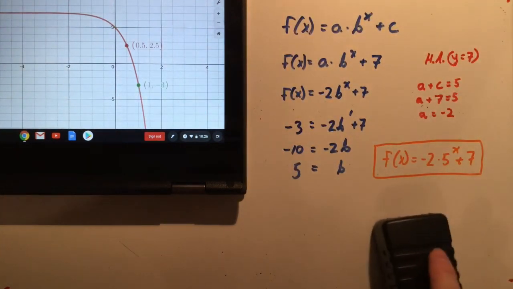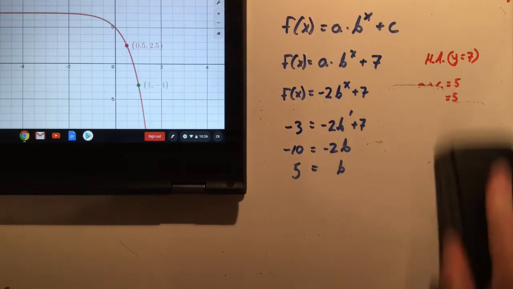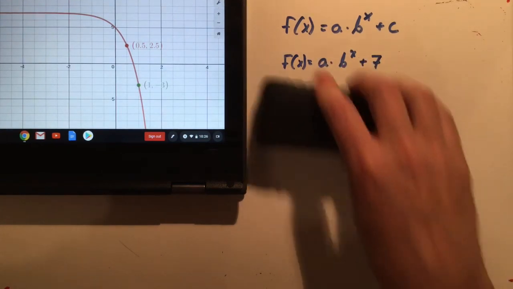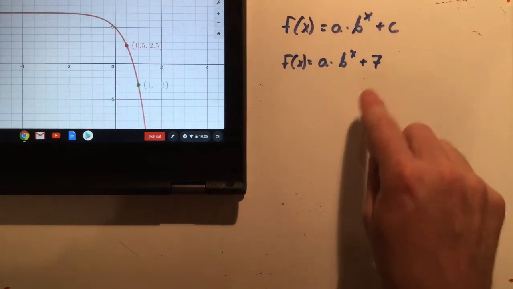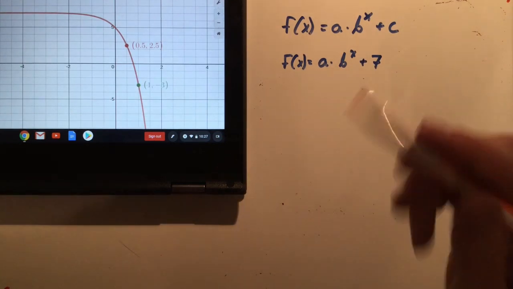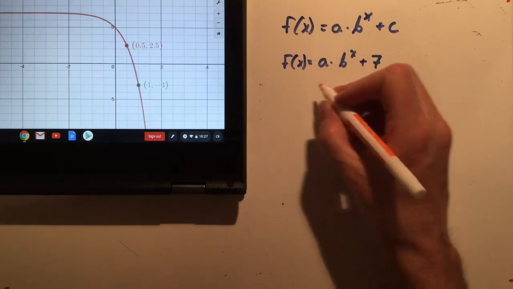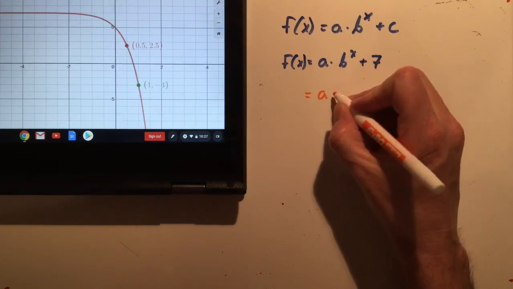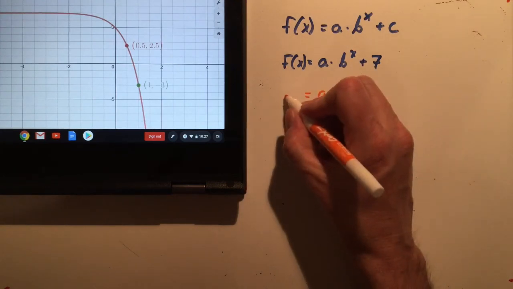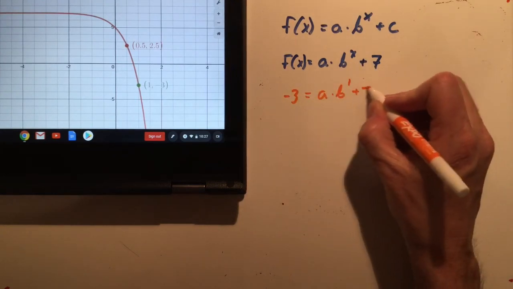I should point out that sometimes they won't give us the y-intercept, but as long as they give us 2 points, we're okay. Because we can get to this stage, the same thing, getting that c value simply with the horizontal asymptote. Now what I have is 2 variables. So if I have 2 points, I know that when x is 1, then y is -3.